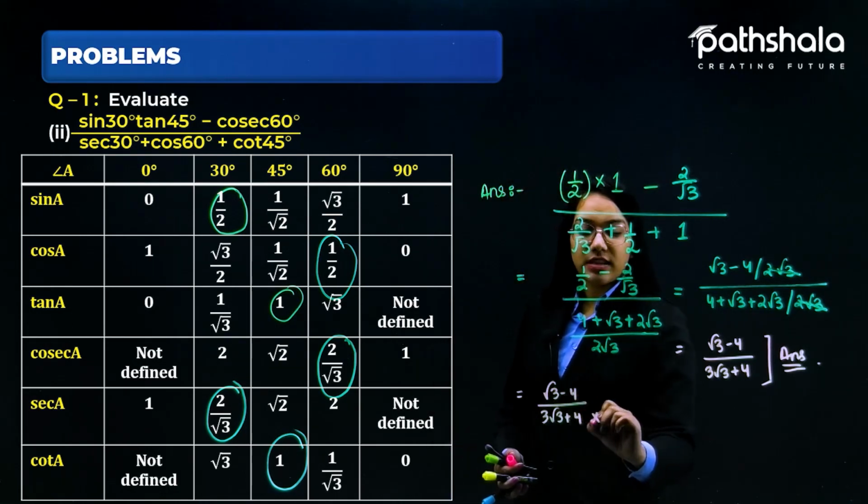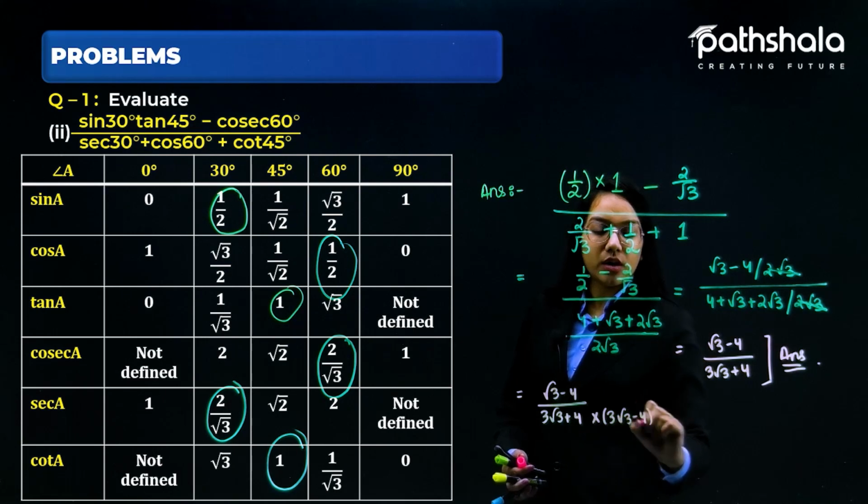In order to rationalize it, we multiply with the negative term of it.